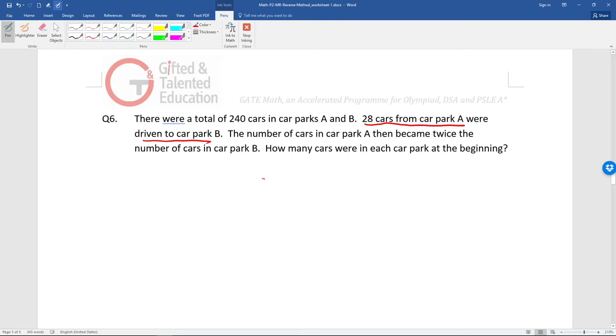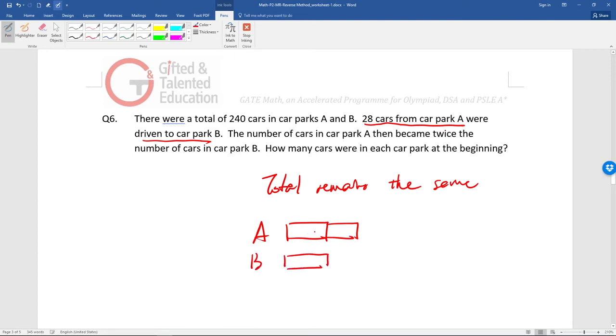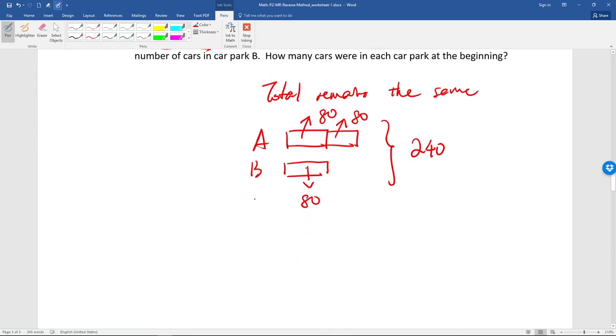So in the end, the cars in car park A is twice of car park B. So for A, we have 2 units here, and for B, we have 1 unit here, and the total remains as 240. So 1 unit must be equal to 80, because 80 plus 80 plus 80 gives us 240. So in the end, A has 160 cars, B has 80 cars.